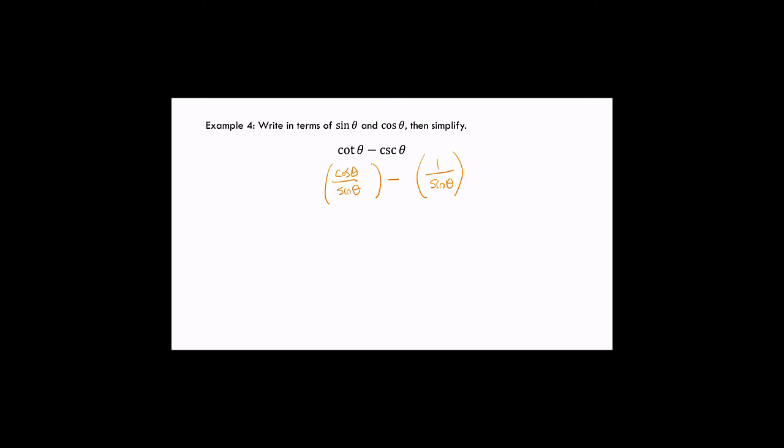And we have to remember from our days in algebra that a common denominator allows you to subtract fractions. So we already have a common denominator, and we simply put the common denominator below. And above here, cosine of theta and 1, we can show symbolically that they need to be subtracted, but you can't really do anything more to this problem other than to say that the numerator is a subtraction, the denominator is sine of theta, and we're done.